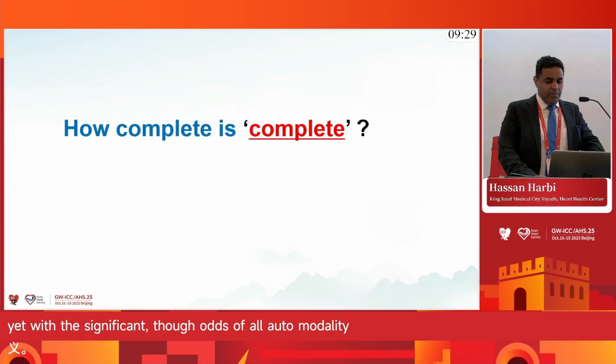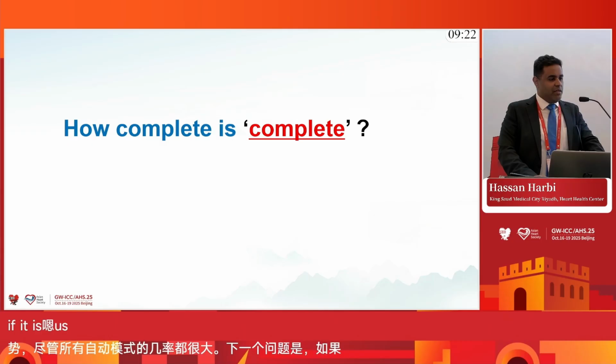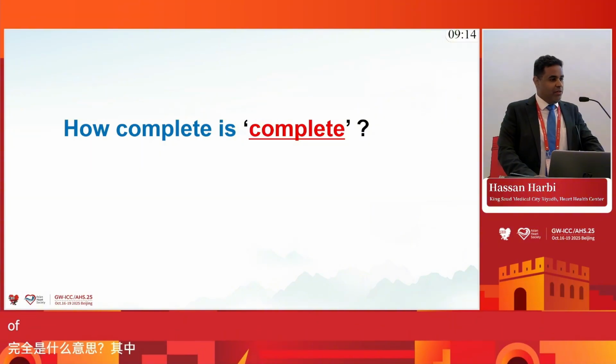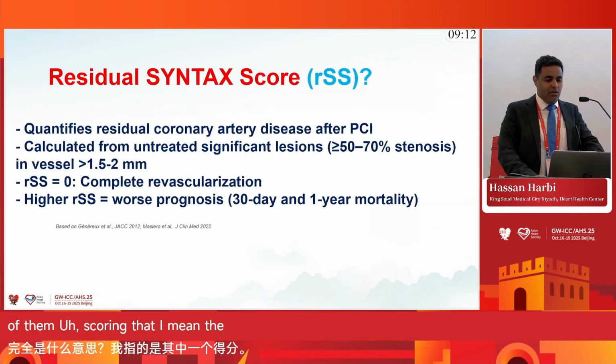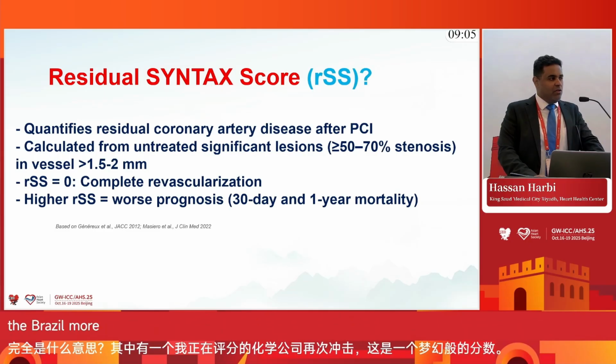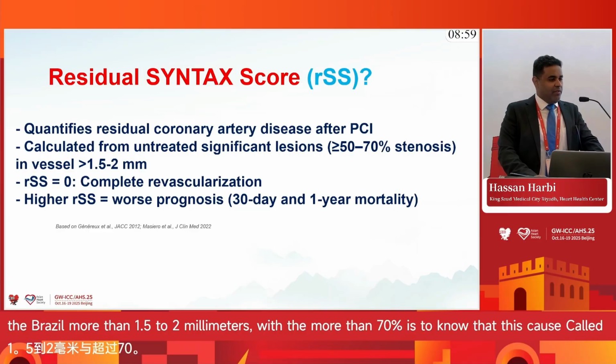The next question was, if it is complete revascularization or multivessel PCI, what is the meaning of complete? There is one scoring system coming from CULPRIT-SHOCK again, which is the residual SYNTAX score. If a vessel is more than 1.5 to 2 millimeters with more than 70% stenosis, it is called an untreated vessel, and this is a significant lesion.